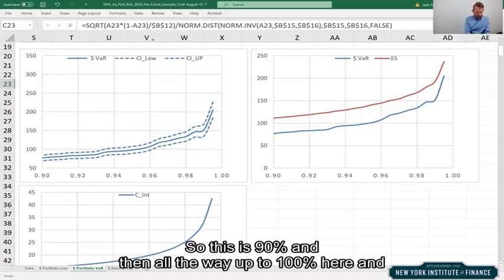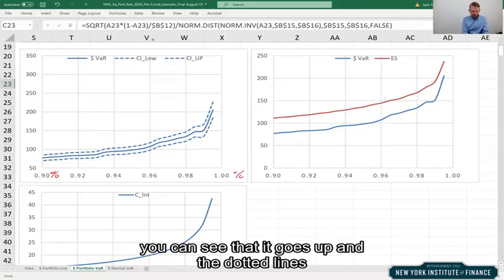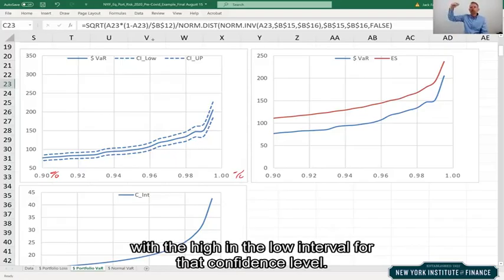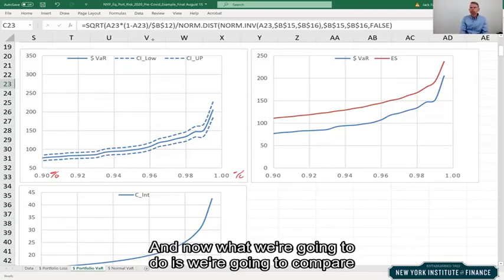So this is 90%, and then all the way up to 100% here. And you can see that it goes up, and the dotted lines are the high and the low interval for that confidence level.